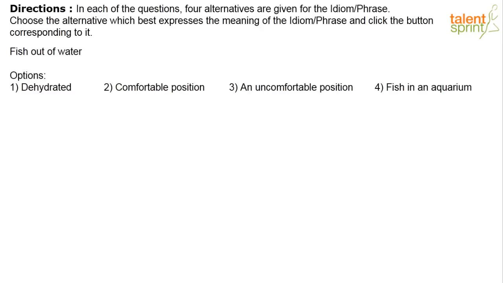What's the most logical thing that the fish is going to feel? Here we're just applying logic. Options are dehydrated, comfortable position and uncomfortable position, fish in an aquarium. Fish out of water. What is the most logical thing? How do you think the fish is going to feel if you pull it out of water?